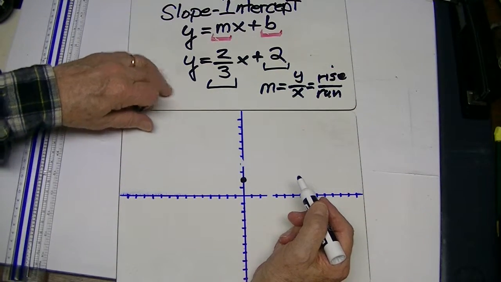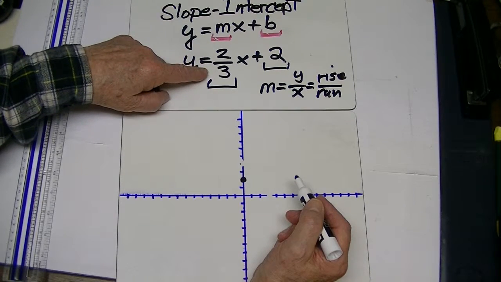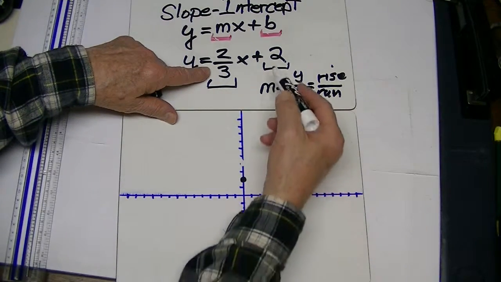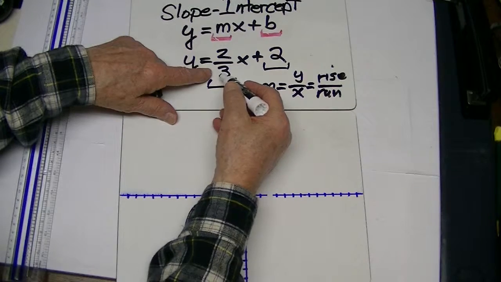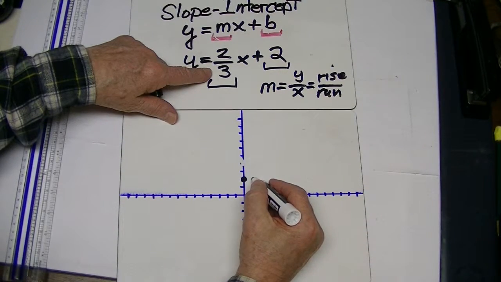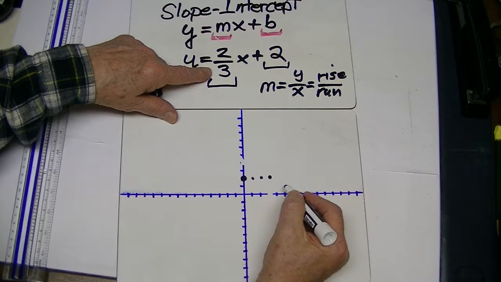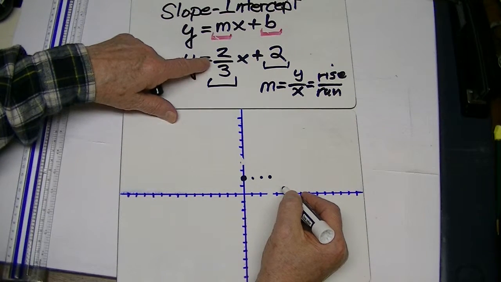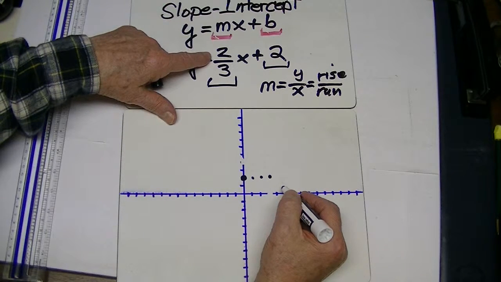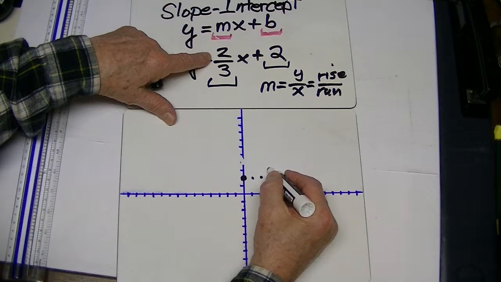I like to use the one that if it's positive, I'm going to start at my y-intercept and put the run in there, which is 3. And I can just mentally put them in there as 3 little units. And then my rise is 2 units, so I go up 2.